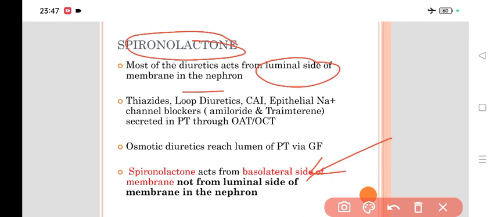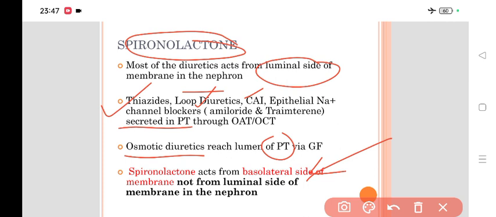Other diuretics like thiazide diuretics, loop diuretics, carbonic anhydrase inhibitors, or epithelial sodium channel blockers like amiloride and triamterene are secreted in the proximal tubule through the organic anion transporter or organic cation transporter. Osmotic diuretics reach the lumen of the proximal tubule via glomerular filtrate.